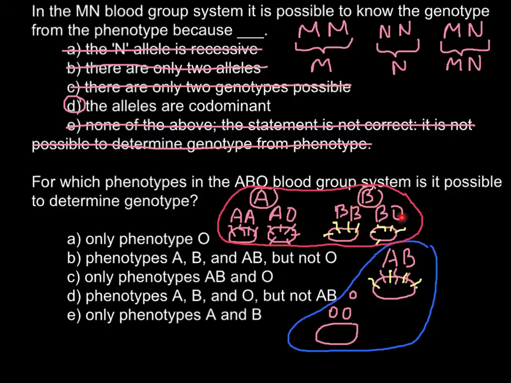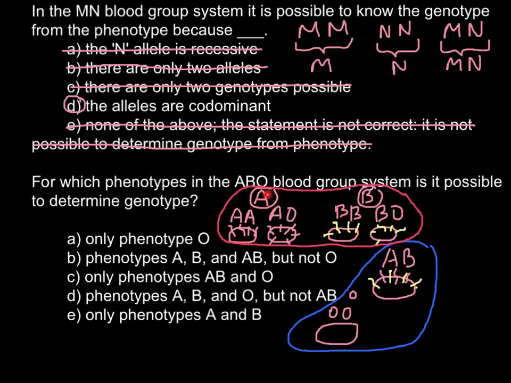So we can tell phenotype if we know genotype, but we cannot tell genotype if we know phenotype, because it can be BB or BO, or same here. If we know phenotype A, we cannot say whether it is AA or AO, but if we know that this is AO, we can tell that this is phenotype A, and if we know that this is AA homozygous, of course, this also means that phenotype would be A.